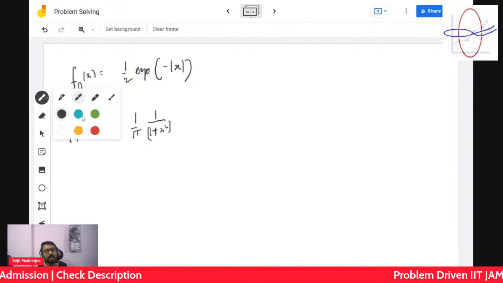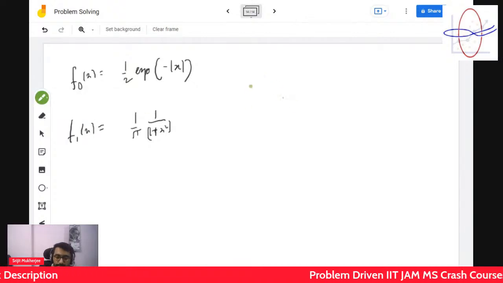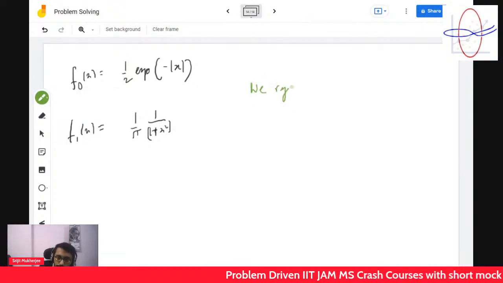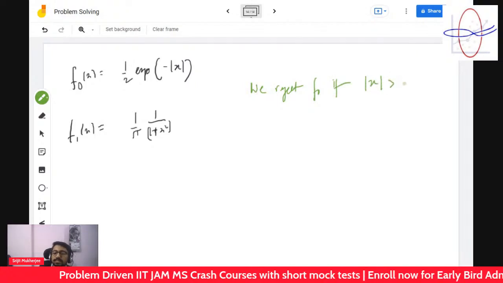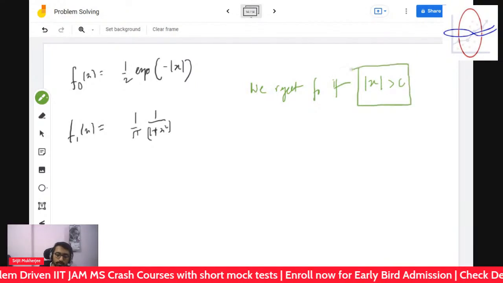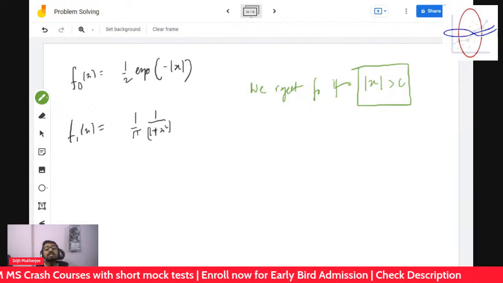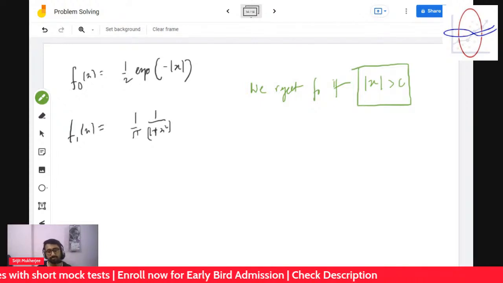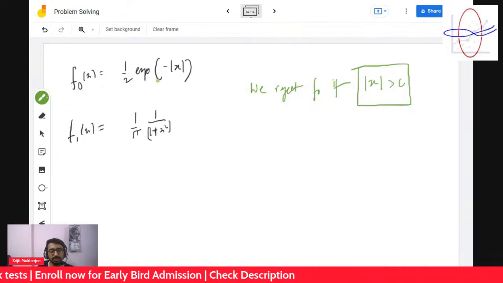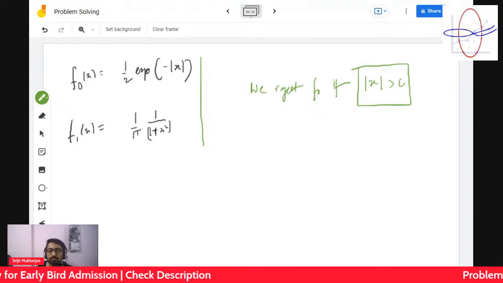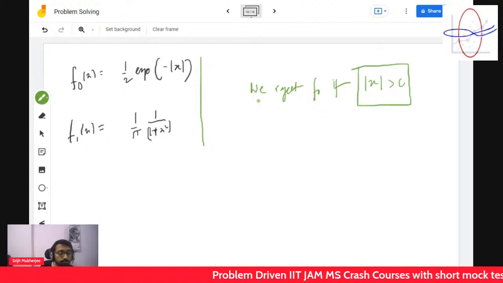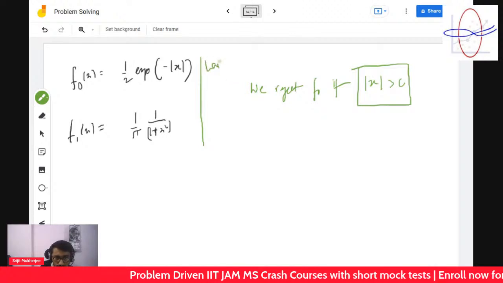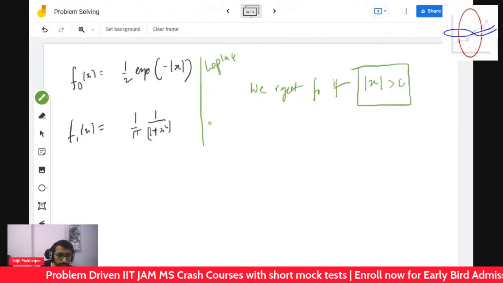The question is that we are rejecting f naught if mod x is greater than c. The question is why? Can someone tell me this? Can someone tell me what these two distributions are? Because these are intuitions, okay? Yeah, the first one is Laplace, Laplace or double exponential, and the second one is Cauchy.